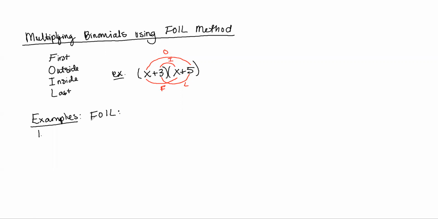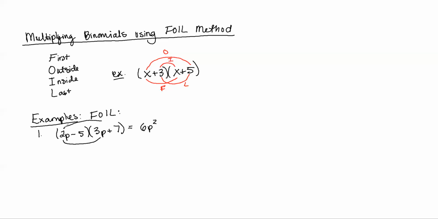All right, let's try number 1, 2p minus 5 times 3p plus 7. So we're going to multiply our first terms. So 2p times 3p is 6p squared.